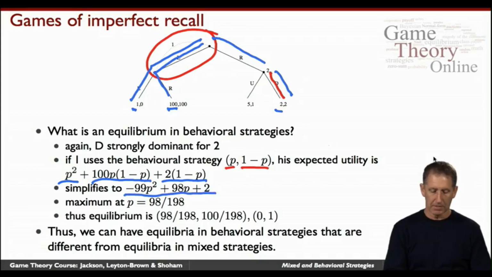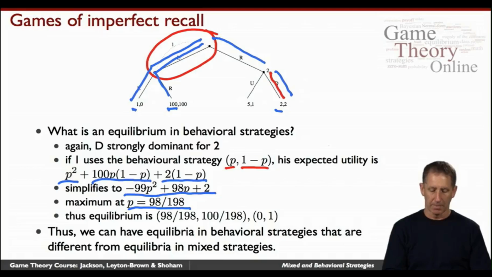And we simply look at the maximum of this equation, and the maximum is arrived at this value. So with probability slightly less than half, they go left, and slightly more than half, they go right.